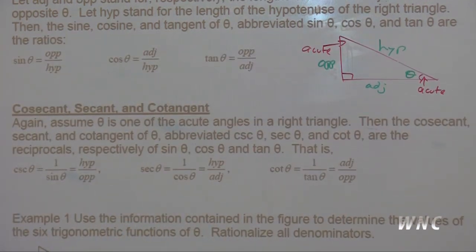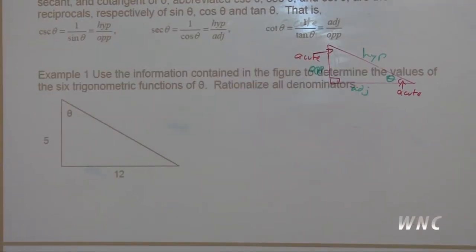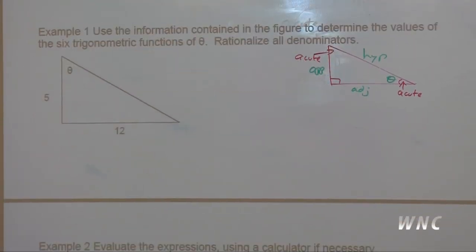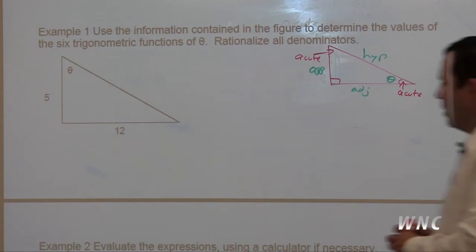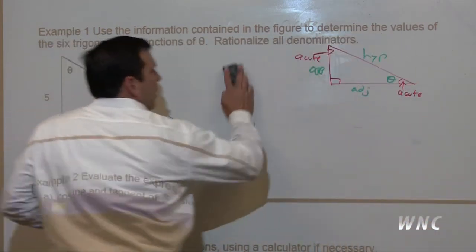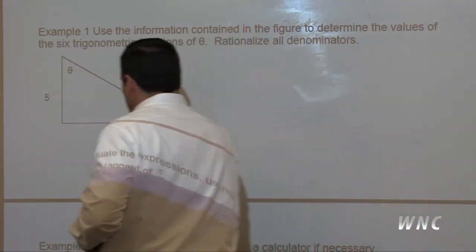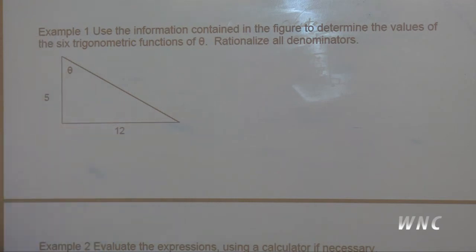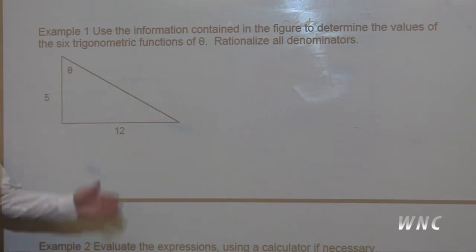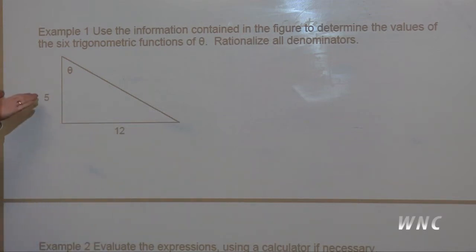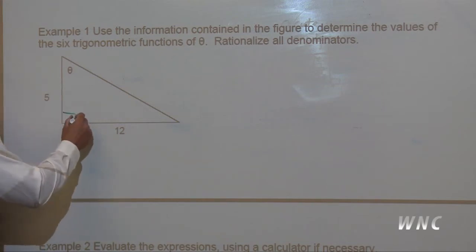With all of those definitions in mind, we're going to look at this triangle here. Use the information contained in the figure to find the values of the 6 trigonometric functions. Rationalize all denominators. When you look at this, you say, hey Jeff, we've got 2 sides, we're missing the third. How can we get the third side?